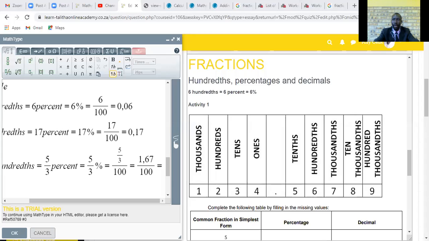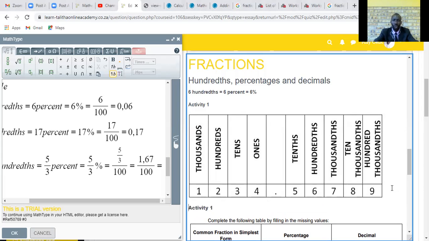So yes, now what I was saying is that if we do have a table, just to help us with this counting thing, let's see it this way. So here we have 1, 2, 3, 4.